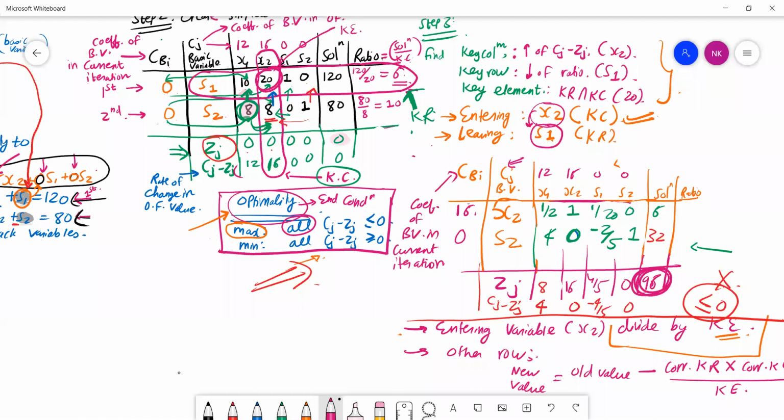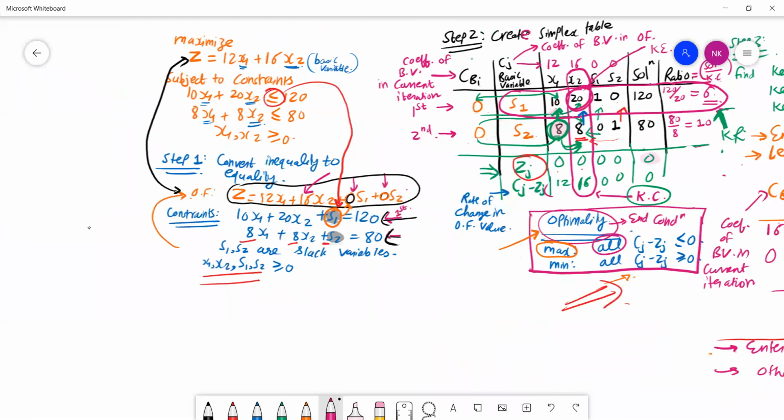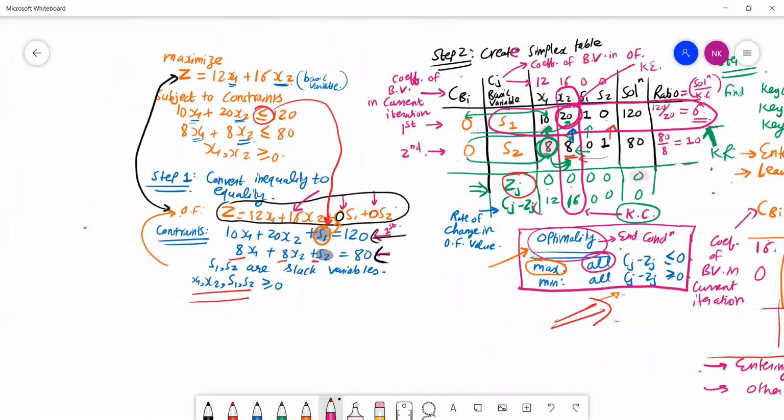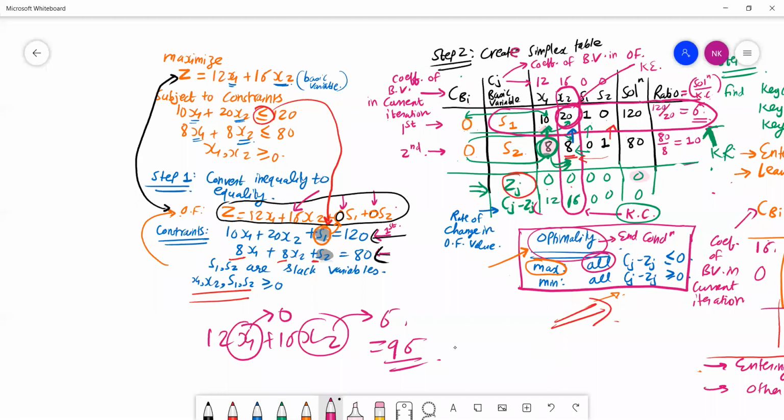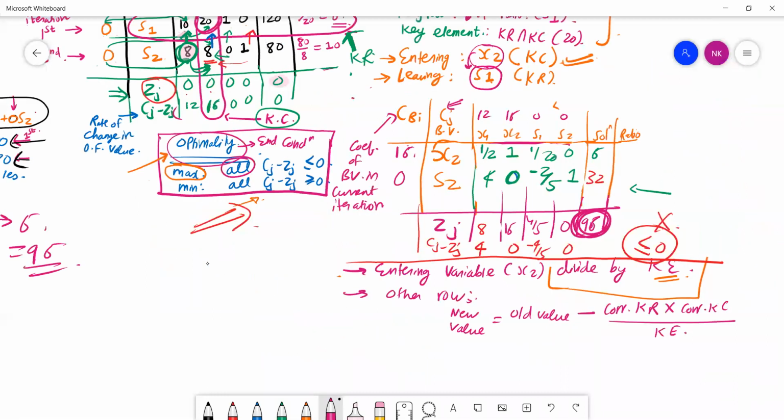If our objective function is 12x1 plus 16x2, x2 has the solution value 6, so x2 equals 6. We are not having x1 in our table, so it will be 0. You just calculate it, it is nothing but 96. That is what we are getting in the solution part, 96.